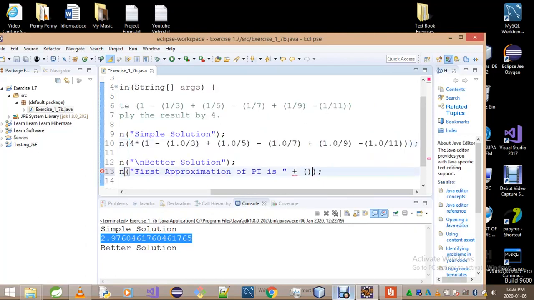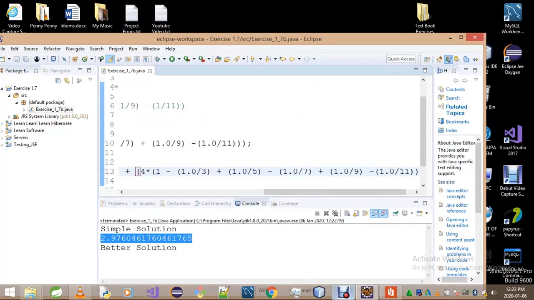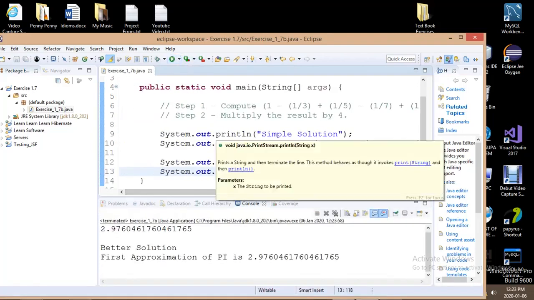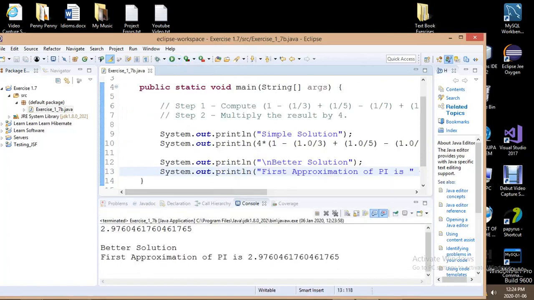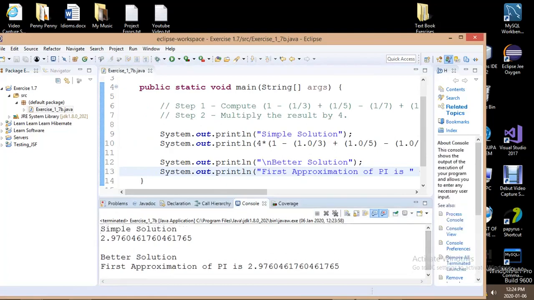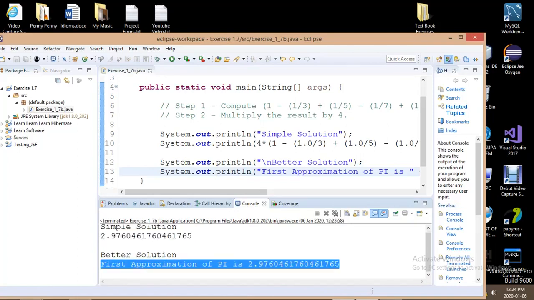Let's put it inside the brackets, and do this. Now let's try to print it out. You see, this is more descriptive, unlike the very first one, because who knows what this number represents? So it's better to make it descriptive the way we did in the better solution. So first approximation of pi is that.